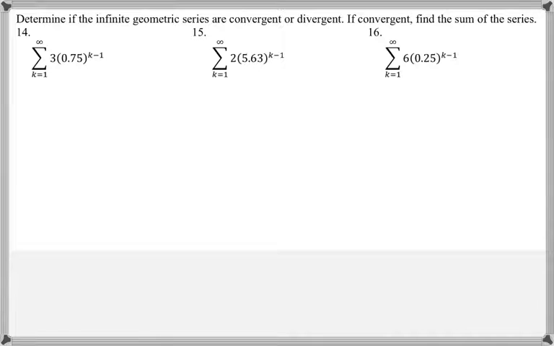Okay, so looking at number 14, it says determine if the infinite geometric series are convergent or divergent. And if it's convergent, find the sum of the series. So my r value here is 0.75. And that is between -1 and 1. So this is convergent.